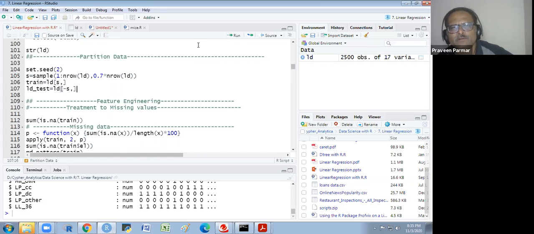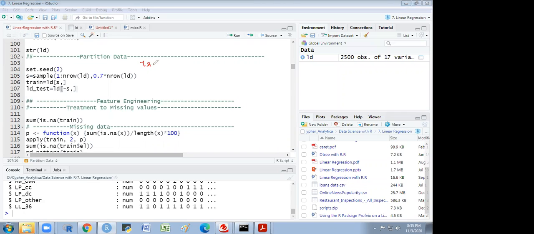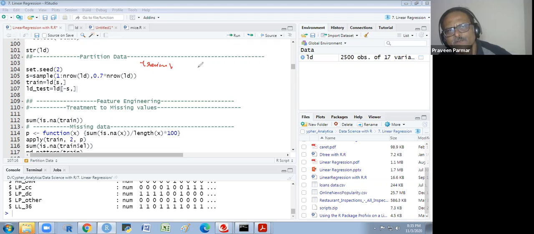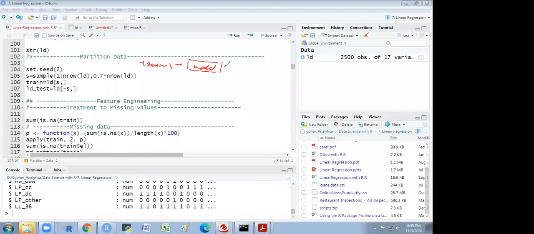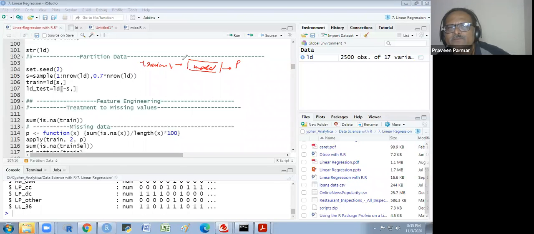What we are doing: we have a training data, and we are making the model with this. Then we also get the prediction with the training data first.